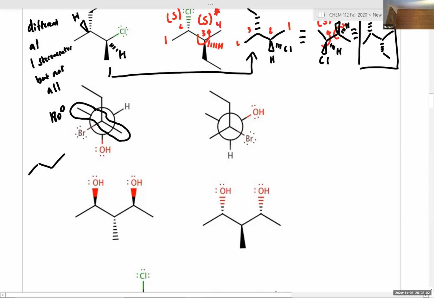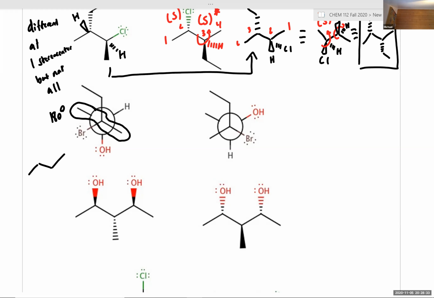We have our methyl group on the right. Okay, so here's our first step. Here's the first half of this molecule. We have our ethyl group up top, our bromine on the left, and our methyl group on the right.